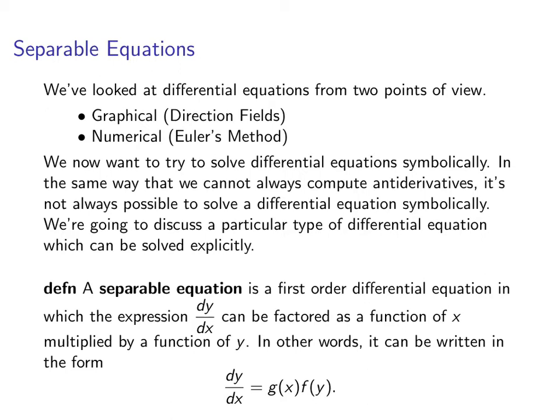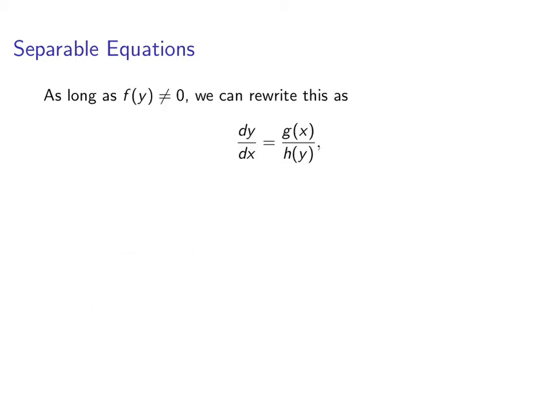In other words, you can write it in the form dy by dx is equal to g of x times f of y. Now, provided that f of y is not equal to 0, we can write this as dy by dx equals g of x over h of y. So here, h of y is equal to 1 over f of y.